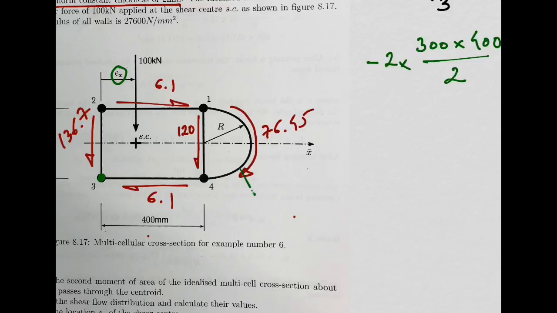Well, I need to use boom number 3, and this shear flow is being shared by boom number 1 and boom number 4. So the area that I need to consider is this triangle plus the area of this semicircle. Yeah? You see? So this area, makes sense or not?